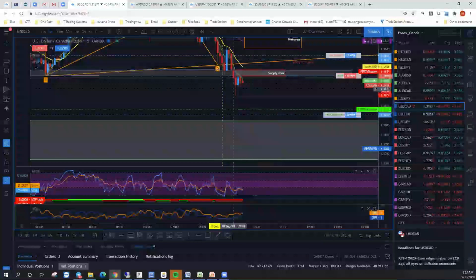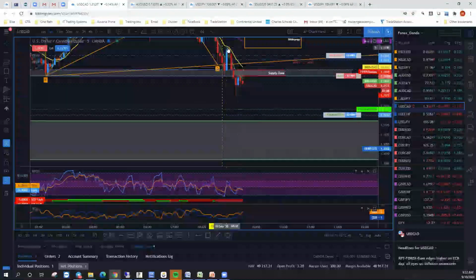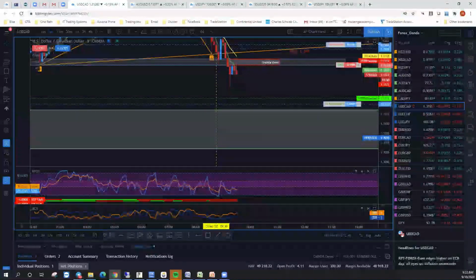I'm not going to jump into it because I'm already out of the trade. But if you're still in it, you may want to keep one position open and see if you can reach it down to this area. I think it's going to get there.